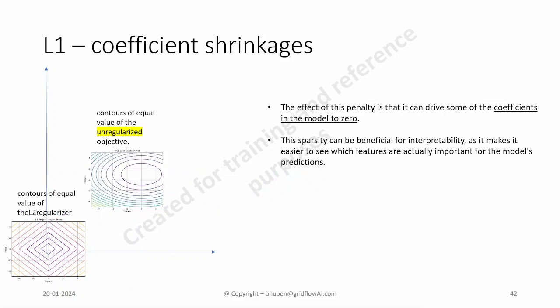Now, if you look very closely, because of the shape of the diamond, the point of contact could be at the axis itself. If the coefficient theta 2 is not influential to the model, the point of contact would be right at the axis. Then in that case, theta 2 will become 0. And this is how L1 gets us a sparse theta vector, and in a way, it helps us with feature selection.